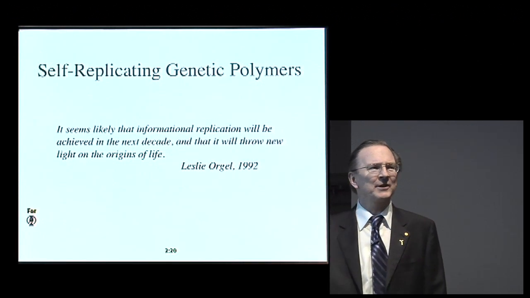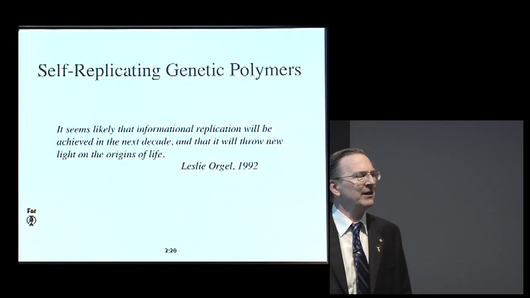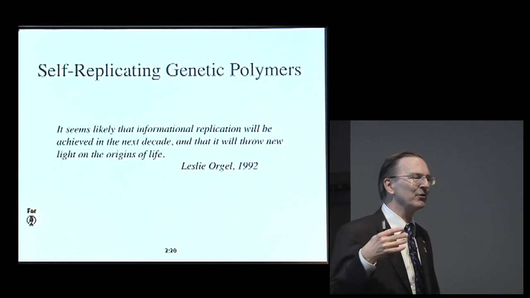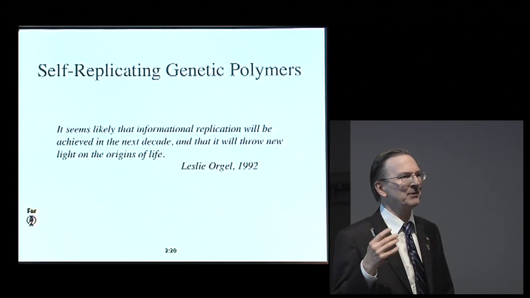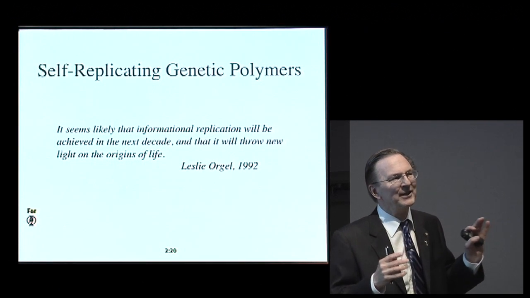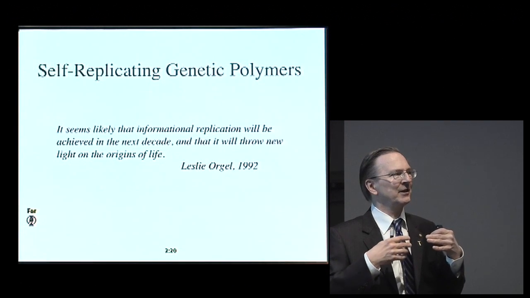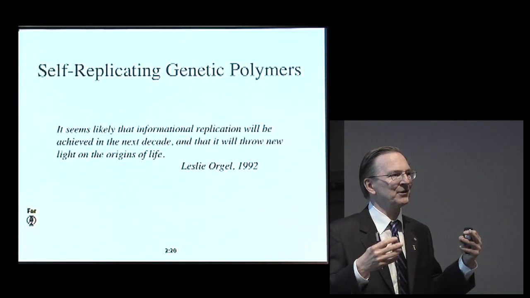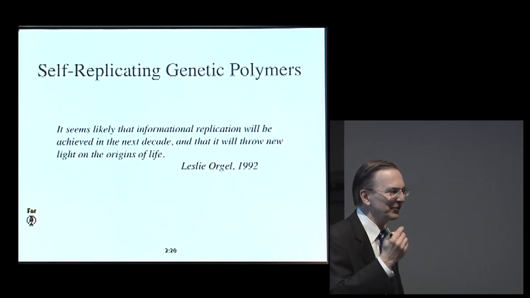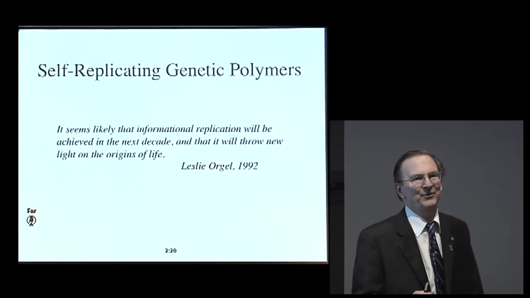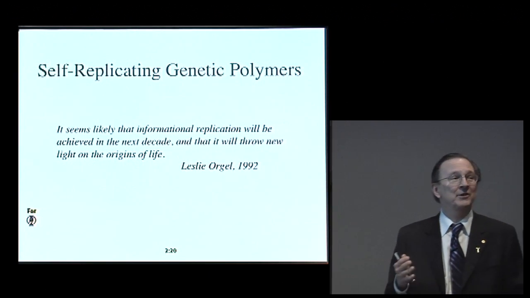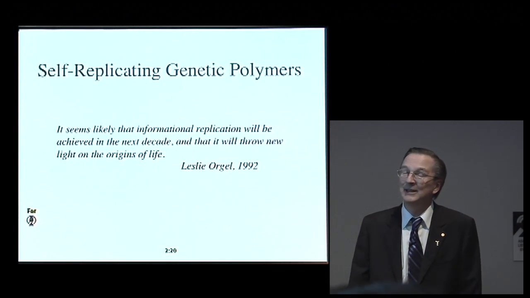So a lot of the work in the area of how early genetic materials might have replicated for decades after the discovery of catalytic RNA focused on RNA-catalyzed RNA replication. And so, for example, Jerry Joyce has made tremendous progress in that area. And we worked in that area also for a long time.